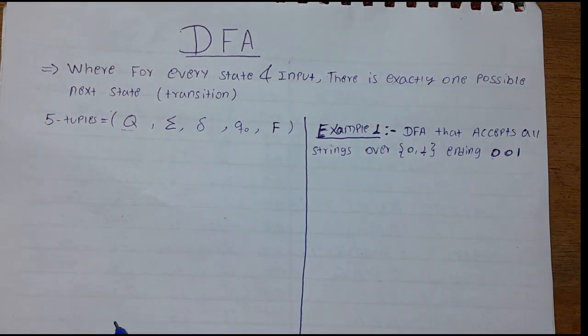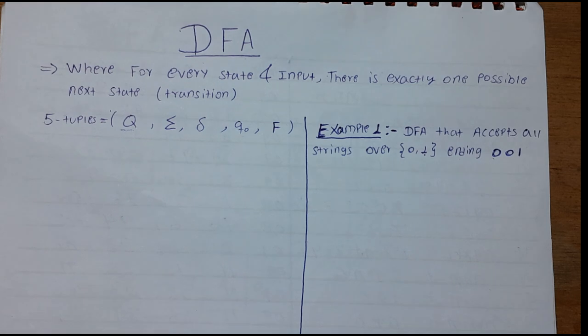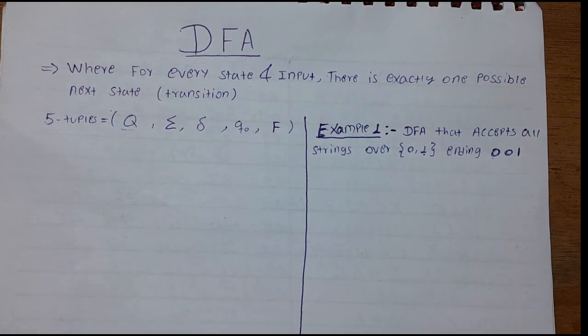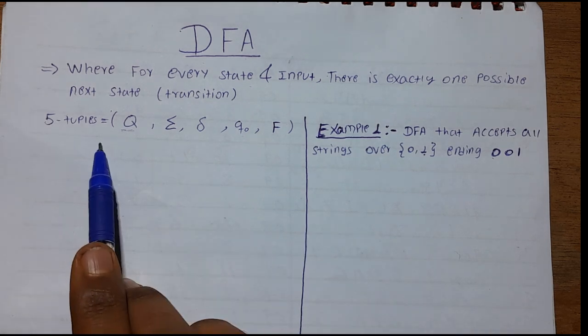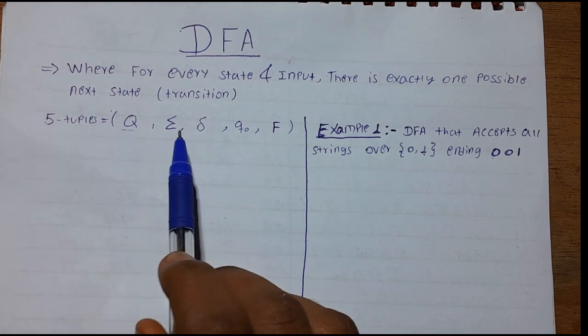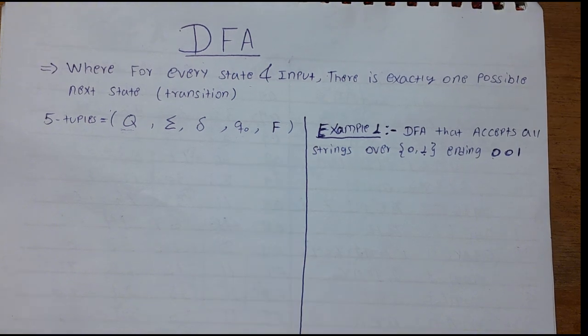In our previous video, we've defined deterministic finite automata as a finite automata where for every state and input there is exactly one possible next state or transition. And we have also defined finite automata by 5 tuples: the possible states, inputs, transitions, initial state, and final state.